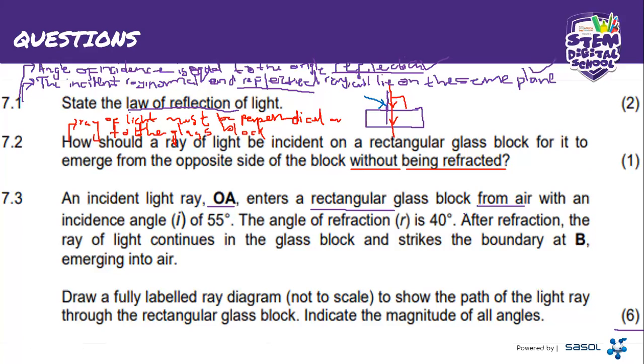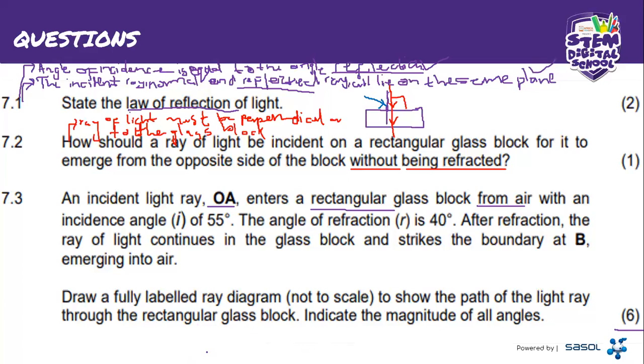So if it enters a rectangular glass block and it is from A, it means the light ray is definitely moving from a less optically dense medium, which is A, to a more optically dense medium, which is the glass. And we've been told that the angle of incidence is 55 degrees.